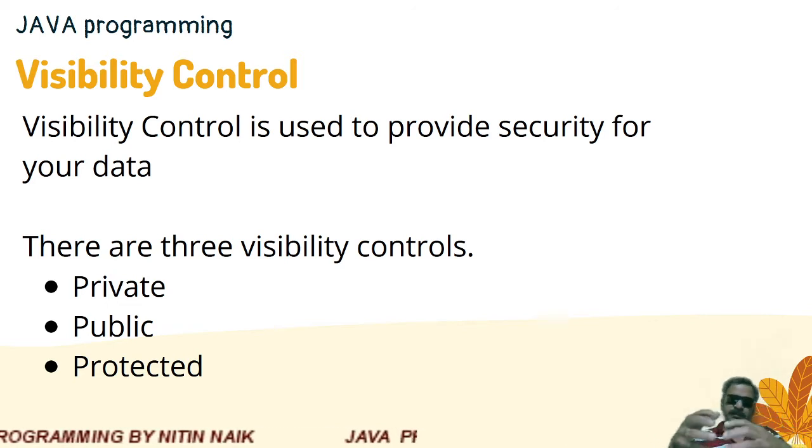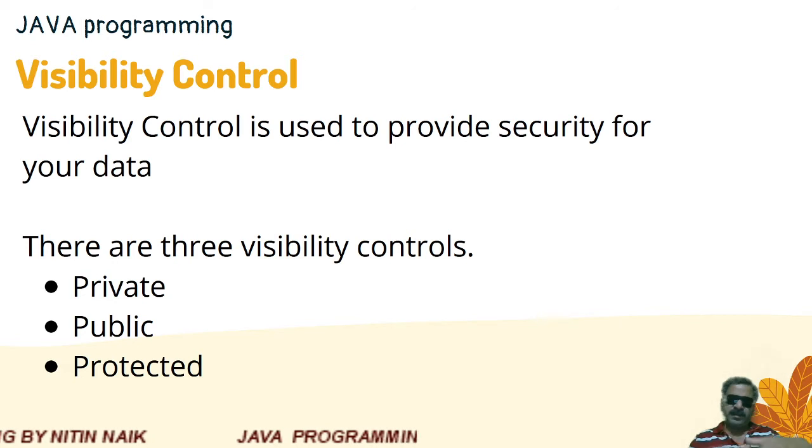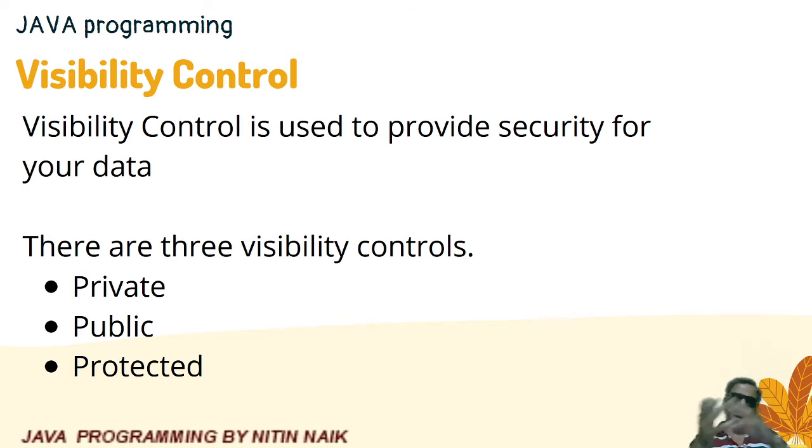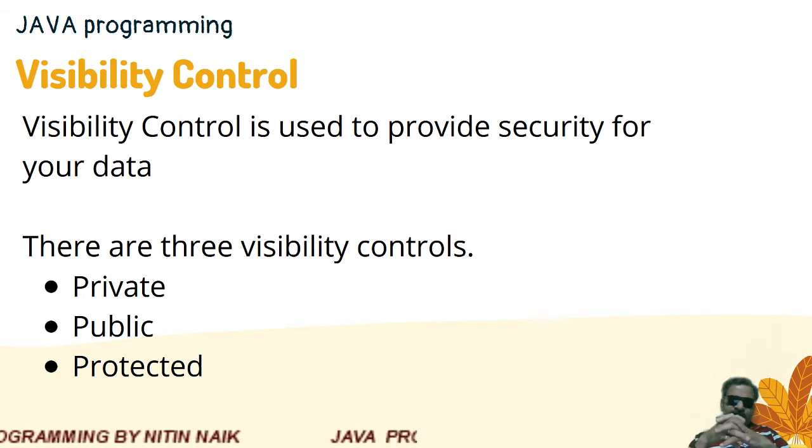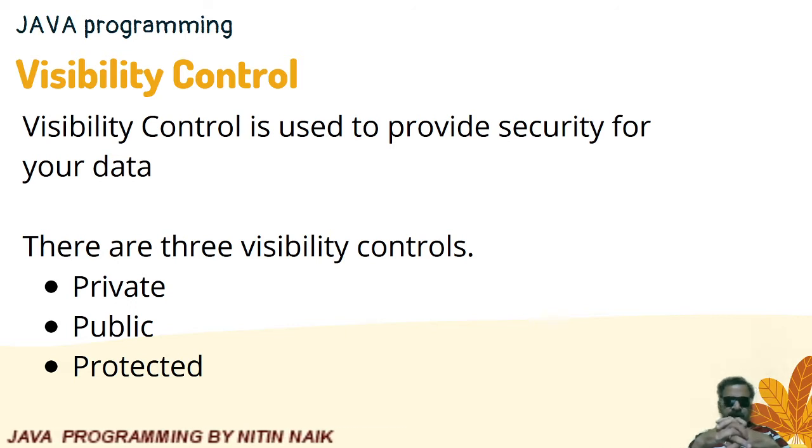You can access member variables or member functions in member functions only. You cannot access these variables in the main function. Just like in C++, there are three visibility controls in Java also: private, public and protected. We will see these things one by one.